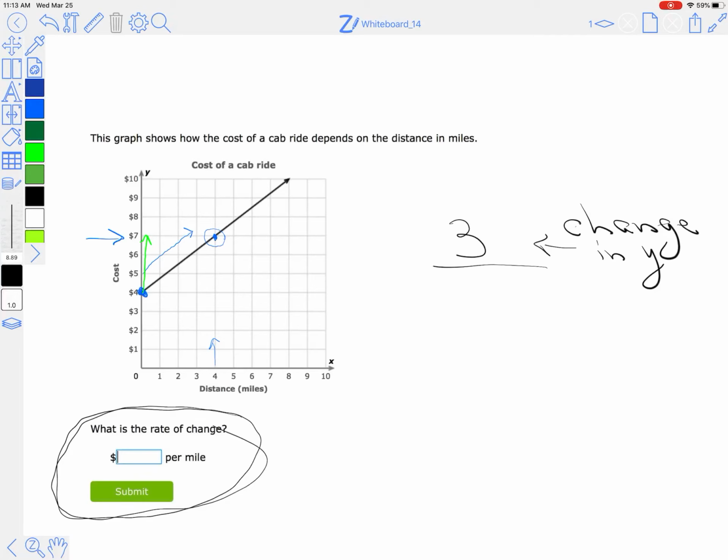Now I need to find the change in x, and I'm going to put that on the bottom. For that, I started at 0, right? Because this point is at 0 on the x, and it increased all the way to 4. So my change in x was 4.